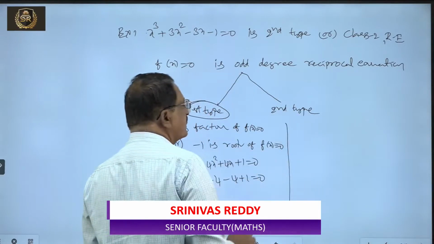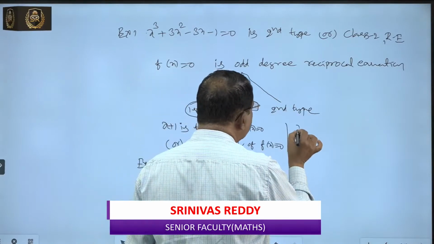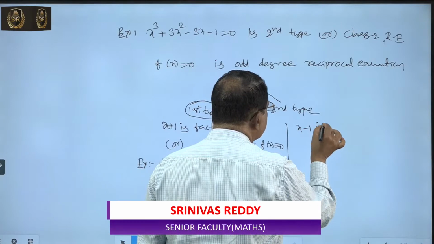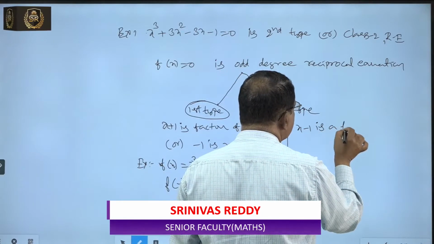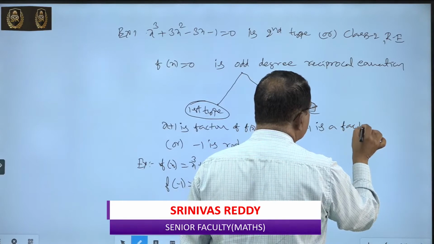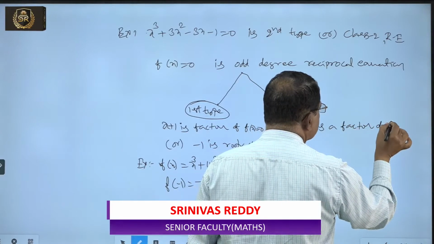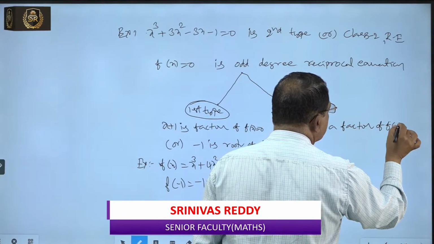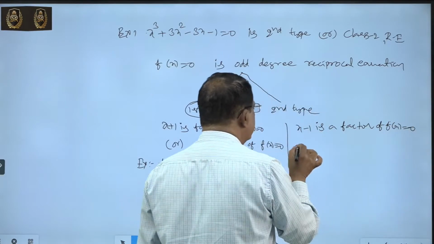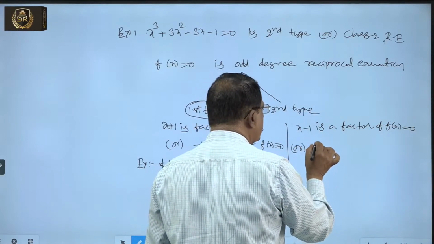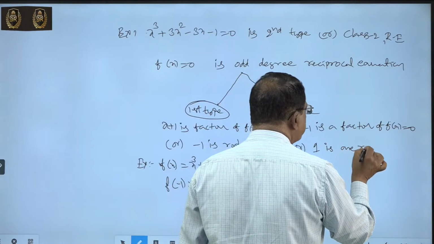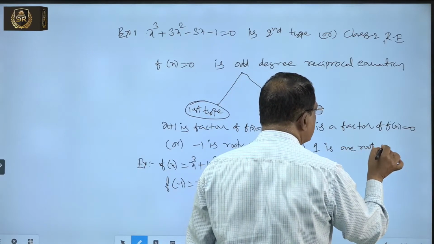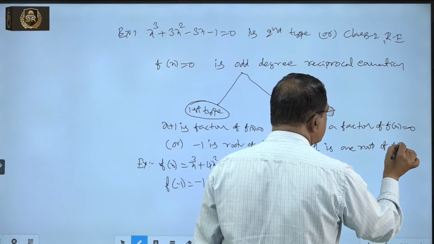If it is second type, then always x minus 1 is a factor of f of x equals 0. Otherwise, 1 is one root of f of x equals 0.